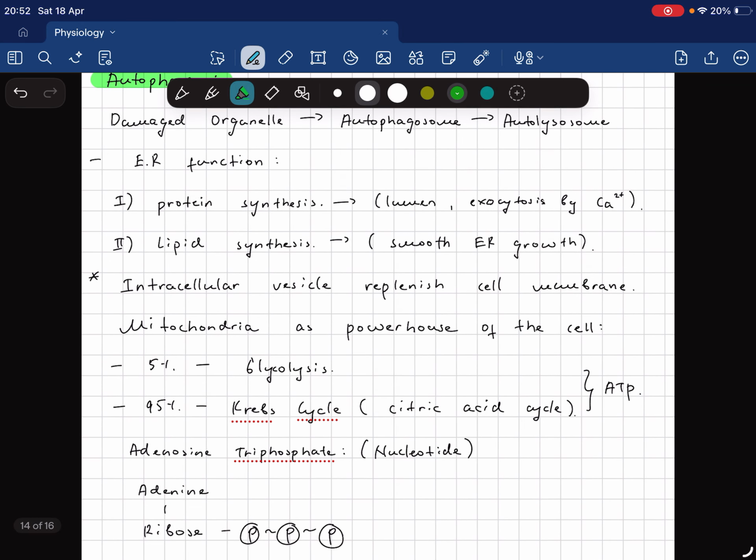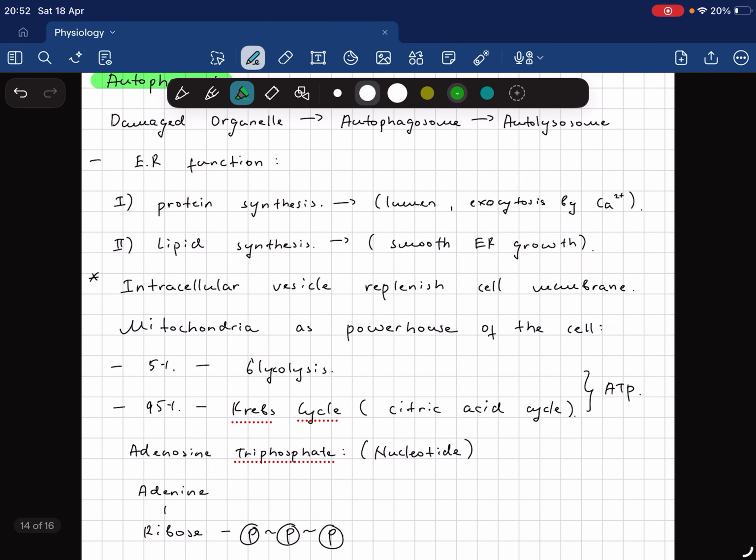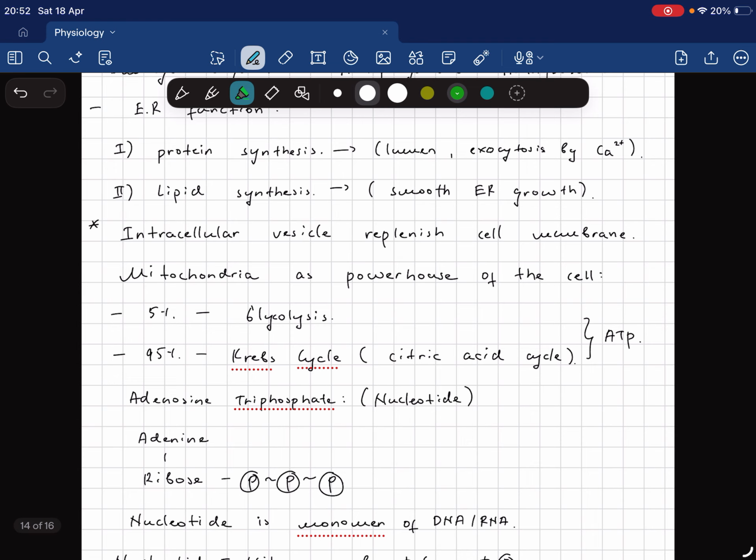And next, I'm going to talk about endoplasmic reticulum function. The endoplasmic reticulum has two functions, as I said before: protein synthesis and lipid synthesis, right? After the production of the protein, it has basically two pathways.